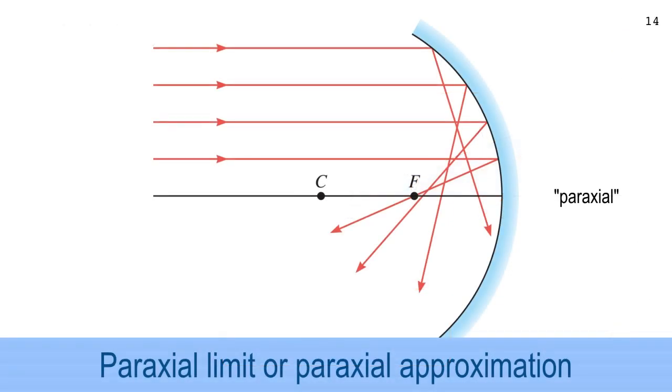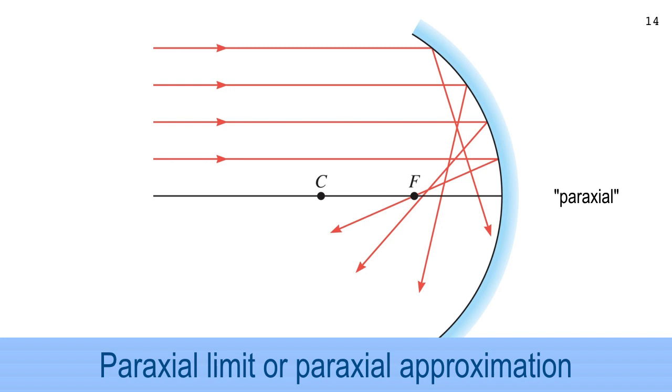Now, the other thing that we use is something called the paraxial limit or the paraxial approximation. What does that mean? Paraxial means near the optic axis. So here's the same mirror, and we've got some rays coming in that are way up here. And here's some more a little bit closer to the optic axis.